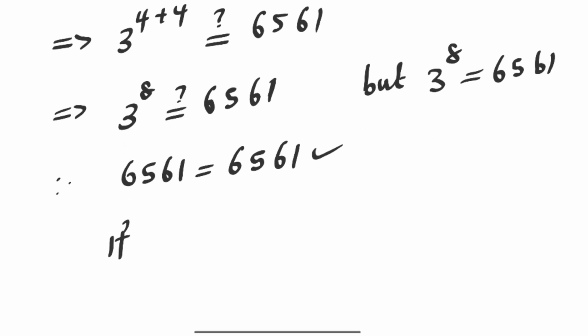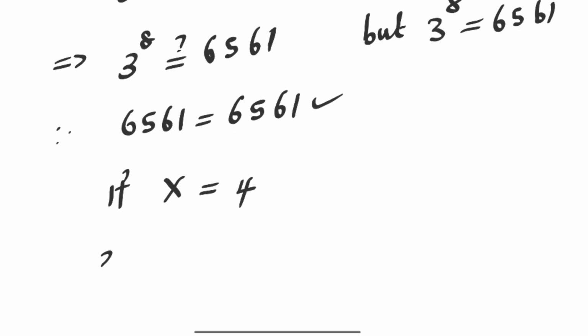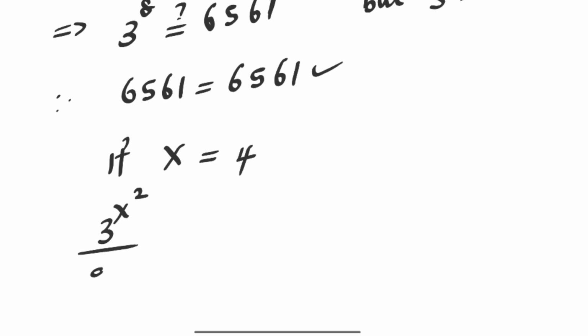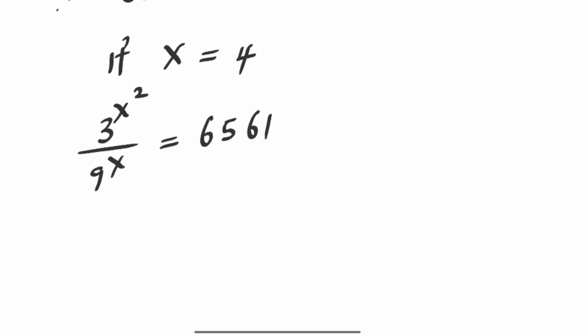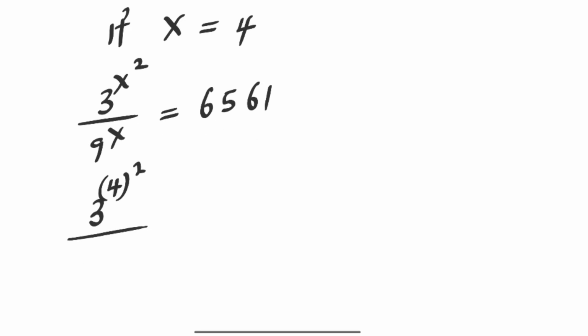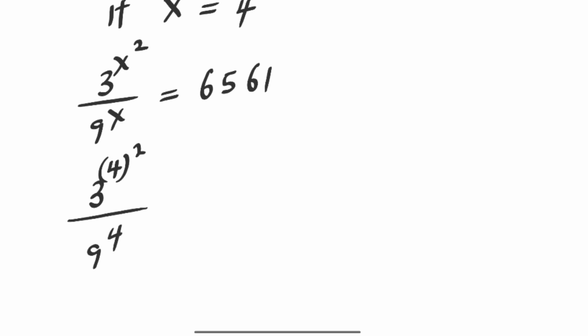Now, let's check. If x is equal to 4, we have 3 raised to power x square divided by 9 raised to power x is equal to 6561. And this is 3 raised to power 4 square divided by 9 raised to power 4 must be equal to 6561.